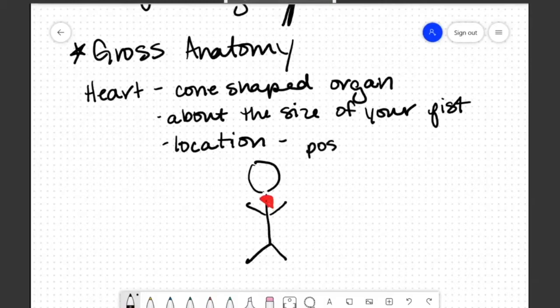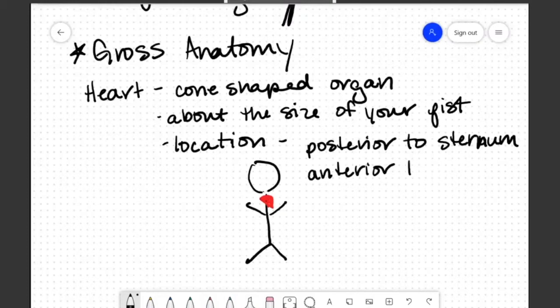The location of your heart is actually going to be posterior to the sternum. So it will sit right on the midline, and it is going to be posterior to the sternum. It is also going to be anterior to the vertebrae. So those two terms mean that it is sandwiched between the sternum and the vertebrae. And then on either side, it will be the lungs.